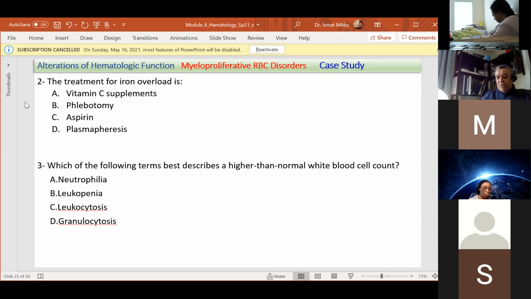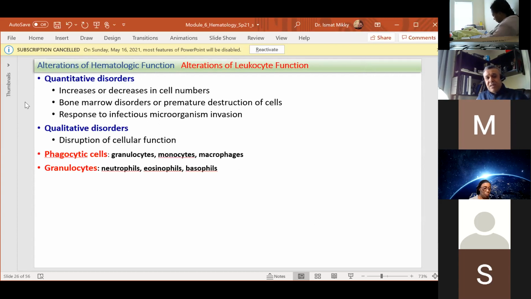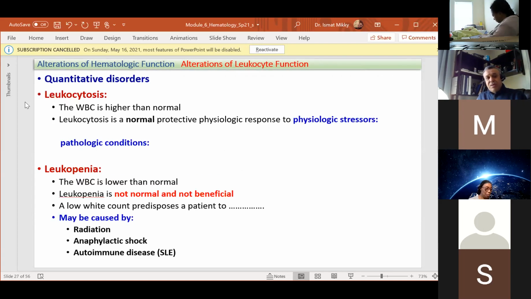So we have the suffix cytosis versus penia. Cytosis means increase in number, and penia means decrease. So leukocytosis versus leukopenia.